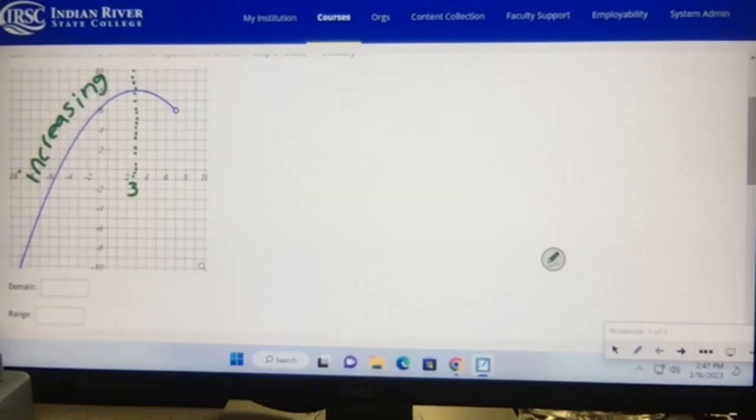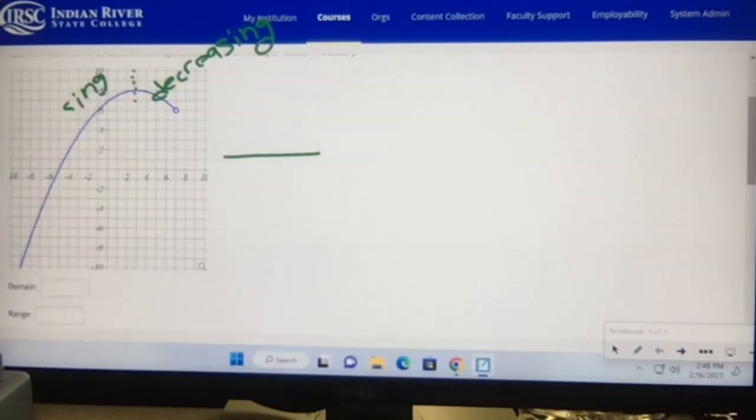It doesn't flatline because there's no section where it goes straight across, straight horizontal, but because it automatically goes down, it automatically goes to decreasing. So this left-hand side is going to be our increasing, and then this right-hand side is going to be our decreasing. So I had this line, but it looks like it's constant. Oh, shoot.